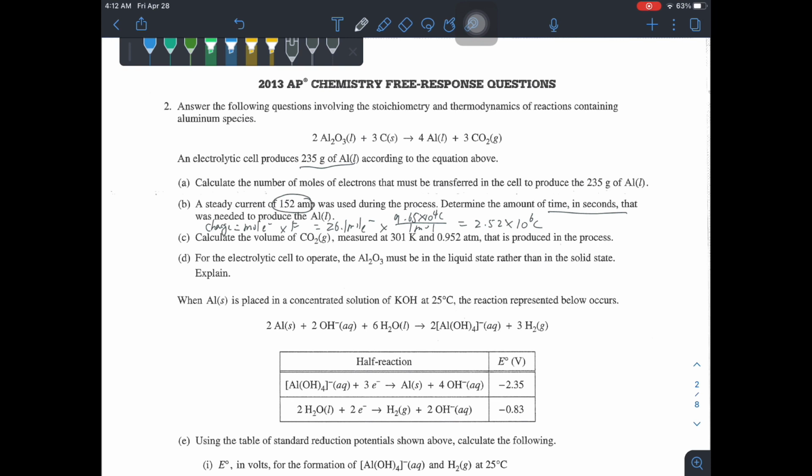And part C is asking us to calculate the volume of carbon dioxide at 301 K and 0.925 atm. Okay, so first, when we calculate the volume, we need to figure out how many moles of carbon dioxide are produced during the process.